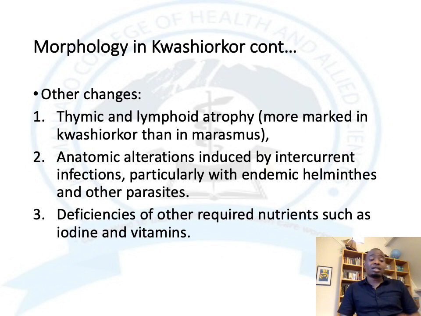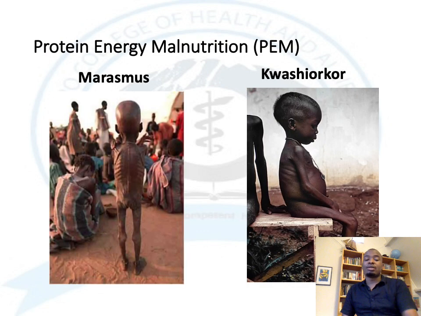Again, anatomic alterations induced by intercurrent infection, particularly with endemic helminths and other parasites, may be there. Deficiency of other required nutrients such as iodine and vitamins may also happen because they go hand in hand.